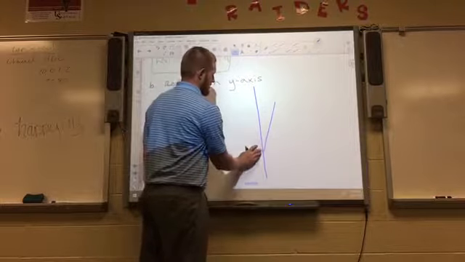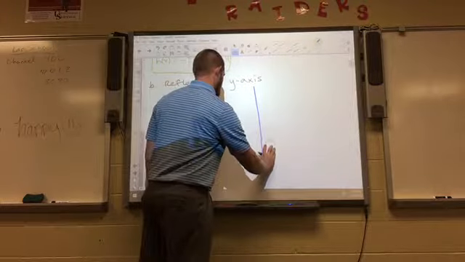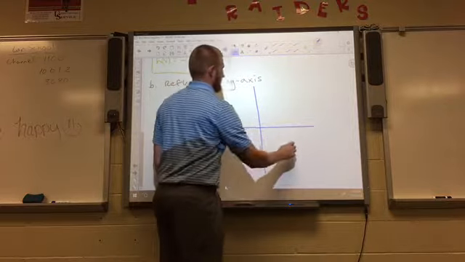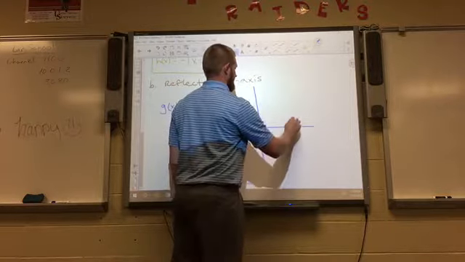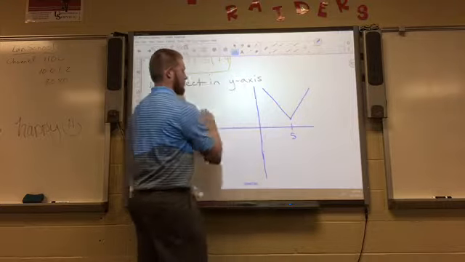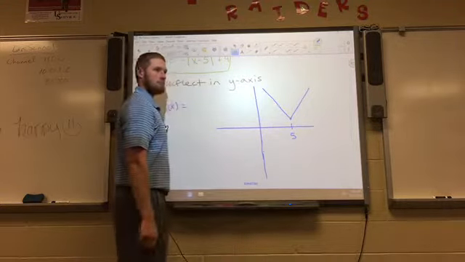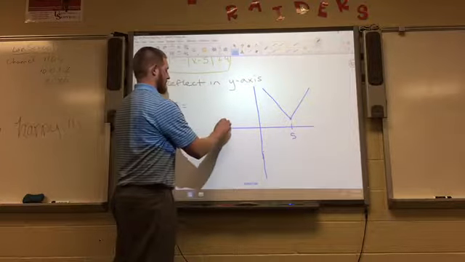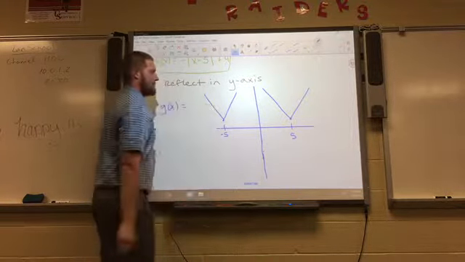If I took it and let's say the vertex is over here 5 units, and now I reflected it over the y-axis, where is it going to end up? It's going to end up over here at -5, right? Everybody with me on that?